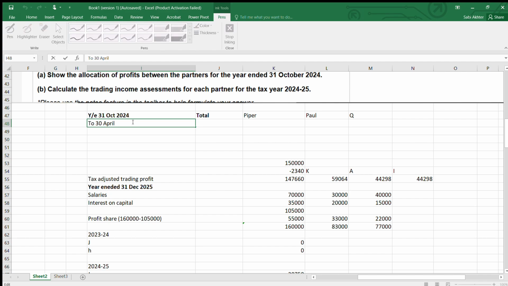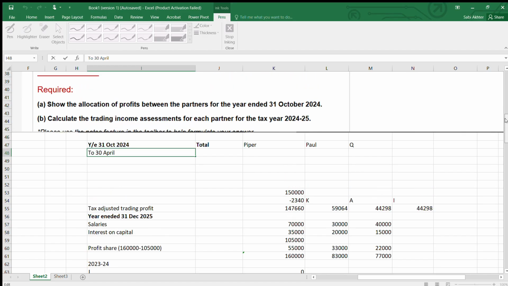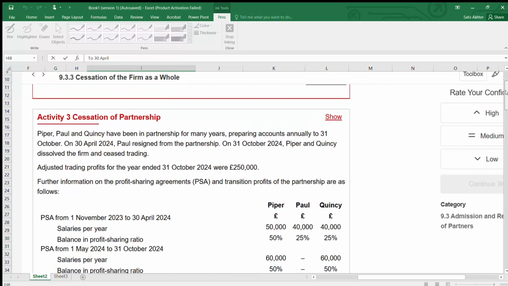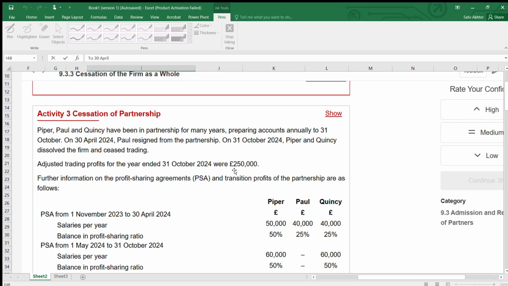So here you have to take 6 months of 250,000, because if you take from 30th April to 31st October, see, the adjusted trading profit for the year ended is 250.